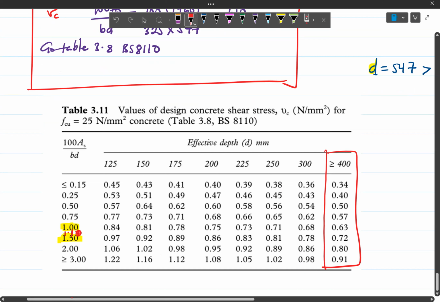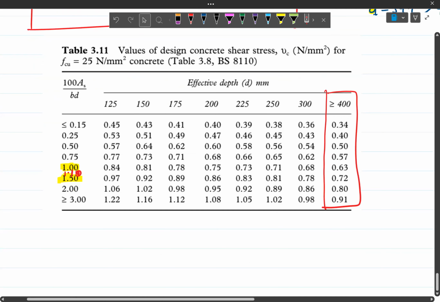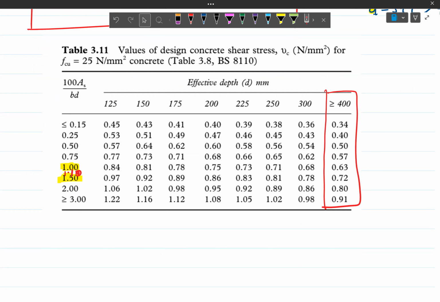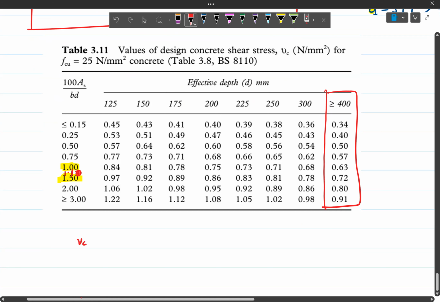So you have to use interpolation to find it. Okay. And so our VC here will be 1 plus, it's quite an interesting concept. Let me see if I can get it right.